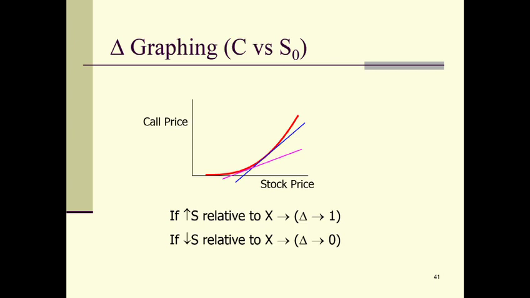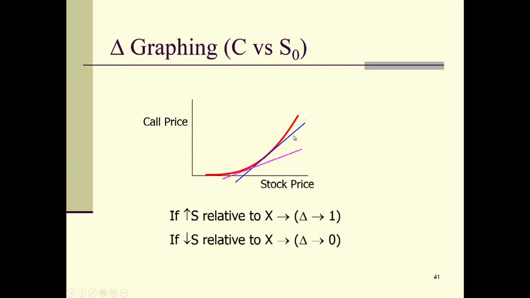Now we can graph the call against the stock price. So if you look at the chart I have for you here, and if you measure the tangent here or here or here, you find that it's going to be different, right? This is going to be much steeper as the stock price goes up. So this depicts the fact that if stock price goes up by a lot relative to X, the delta, which is the tangent here, is going to be bigger and bigger, right?